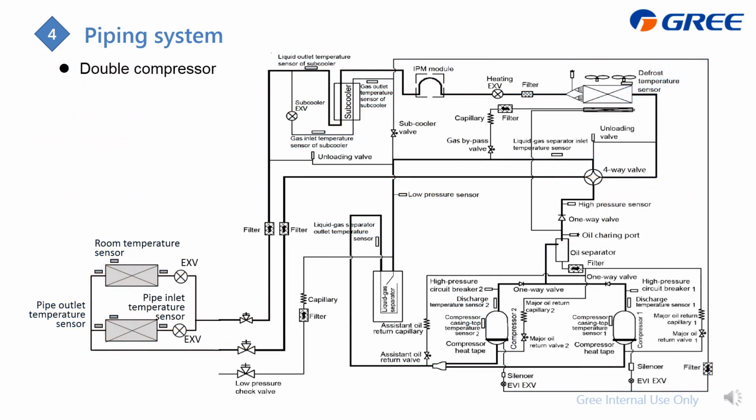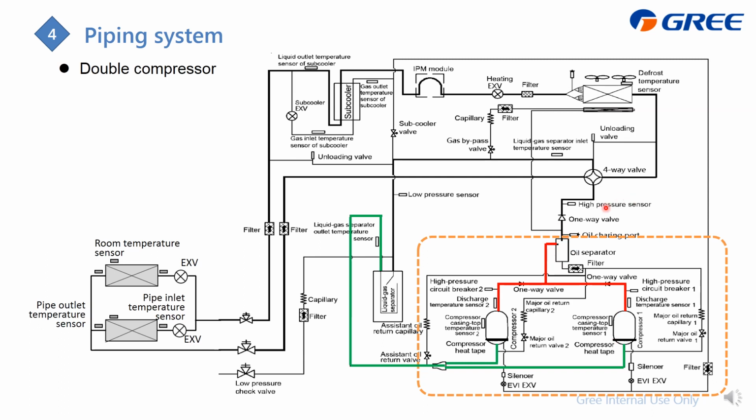As for the complicated double compressor system, the difference is only at this part. In short, we just make the compressors intake from the gas liquid separator from here. The intake is divided into two, and also at the discharge we can combine them together to the oil separator.